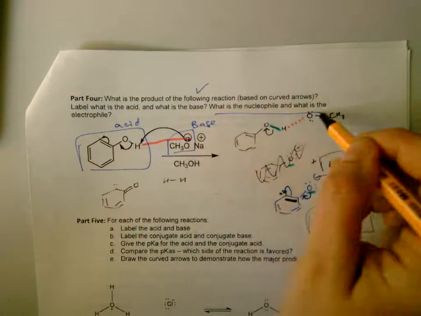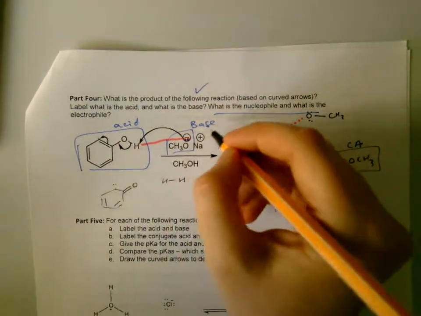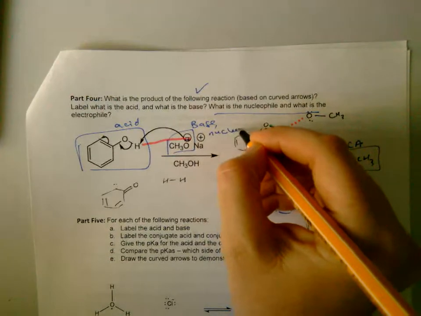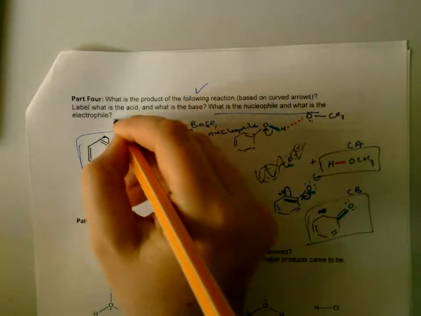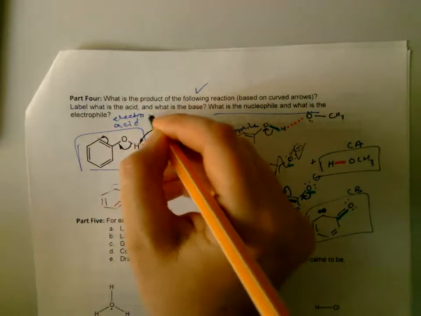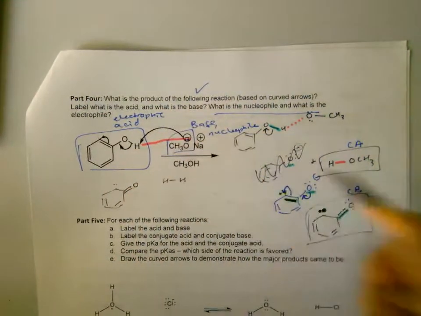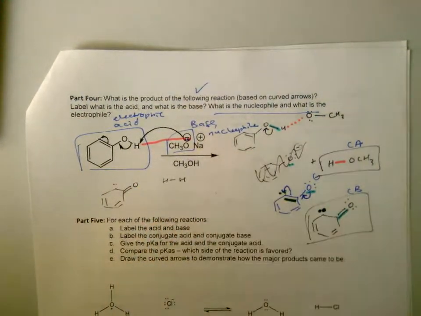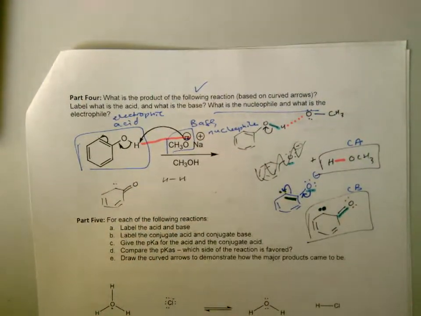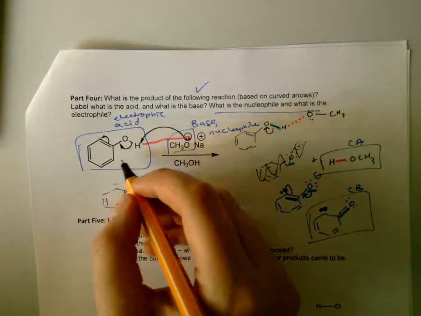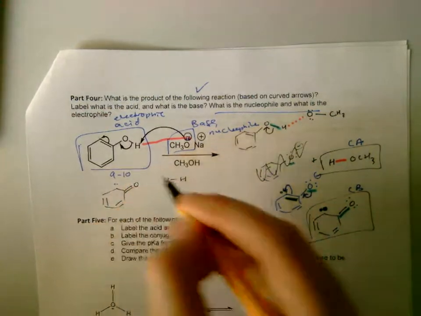So then what is the nucleophile and what's the electrophile? The nucleophile is the thing that attacks, and this electrophile is the thing that's being attacked. And then we can even go a step further and predict the products of the reaction. So the pKa of phenol is actually 9 to 10. That is on your chart.